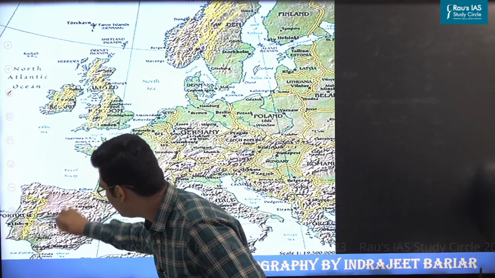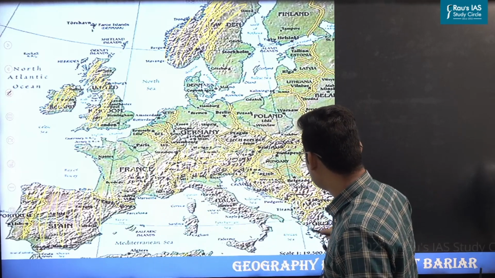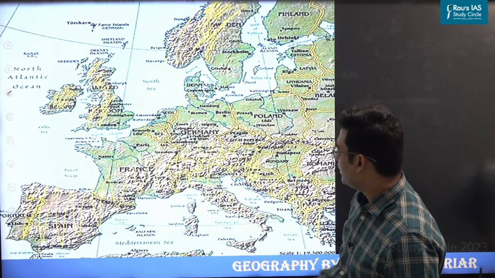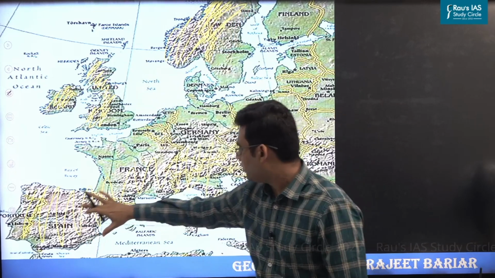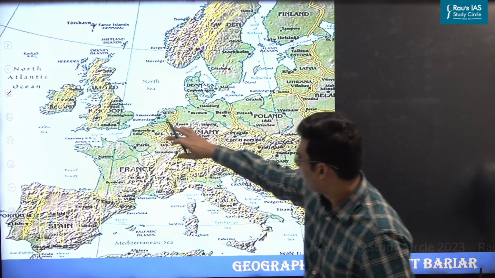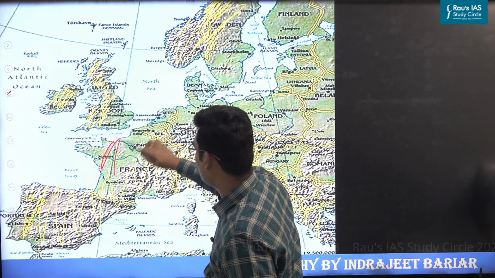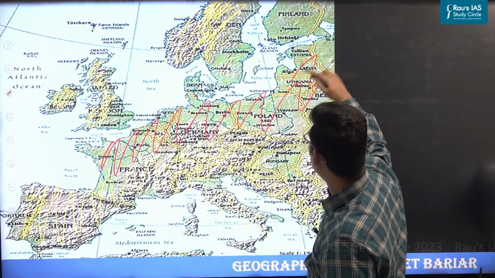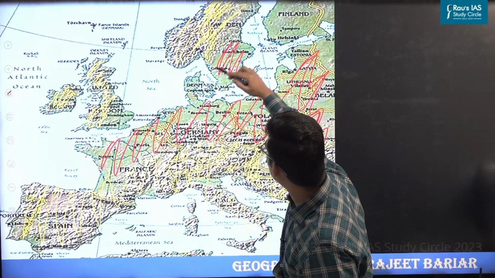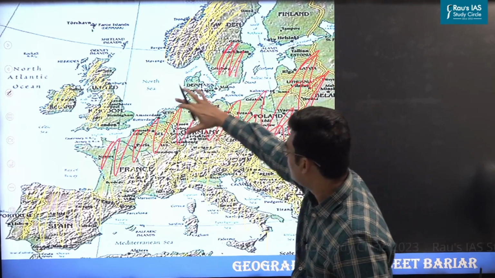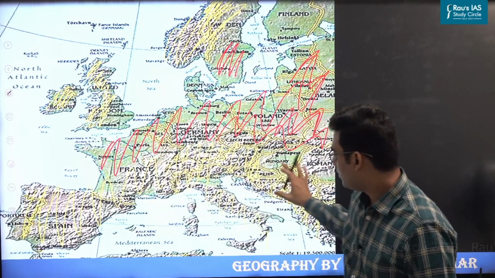Then this whole section has been shown as the mountainous region, this part as well as this part, which is the southern mountain system. So you can see the northwestern mountain system and the southern mountain system very clearly. In between, this whole portion becomes the central plains. So this is how we are going to divide it: the northwestern mountain system, the central plains, and the southern mountain system.